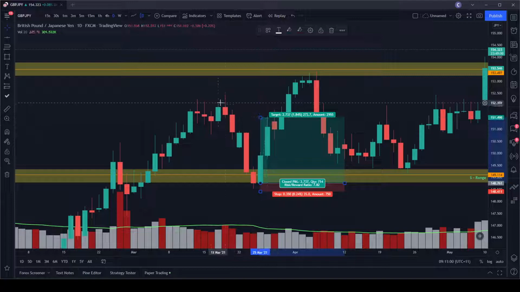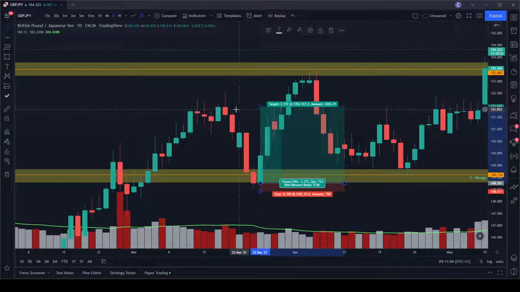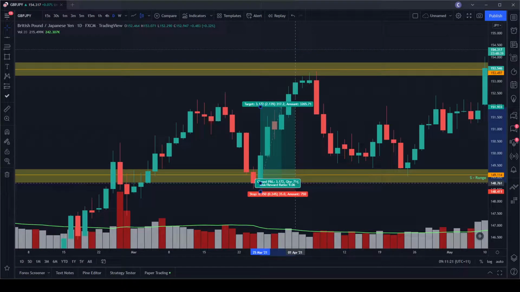And your reward, if you're a support and resistance trader, then you're going to resistance, which is here. Then you're getting 714 pips. So on one lot, that's $7,140 in 1, 2, 3, 4 days. So you get about $7,000 in 4 days.